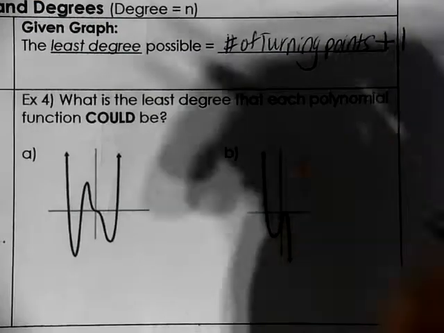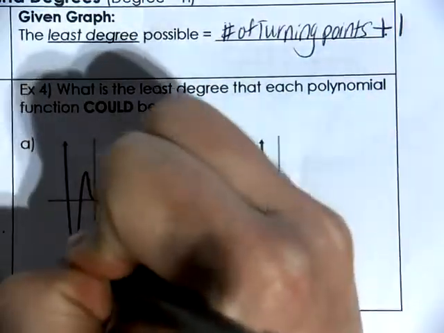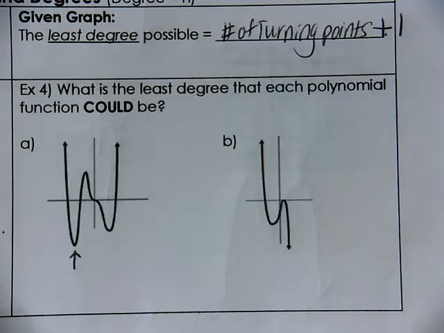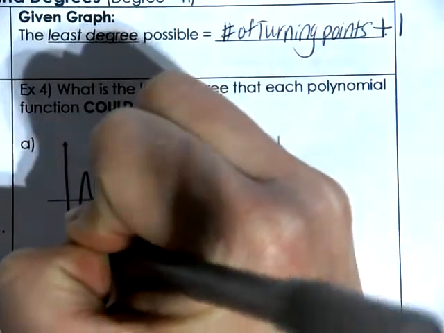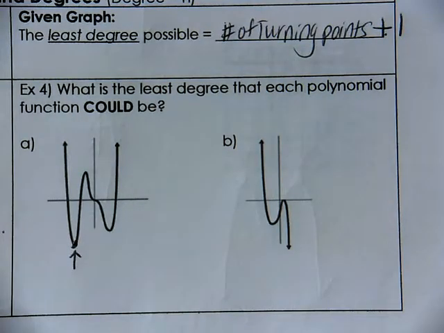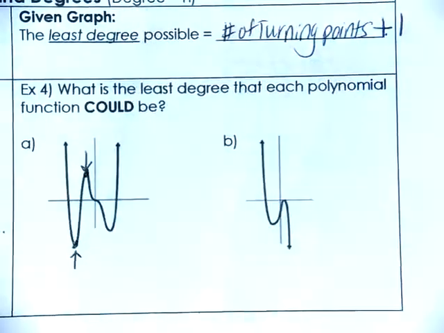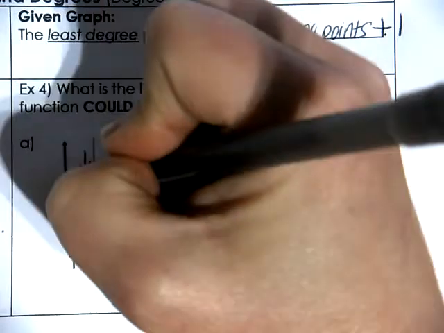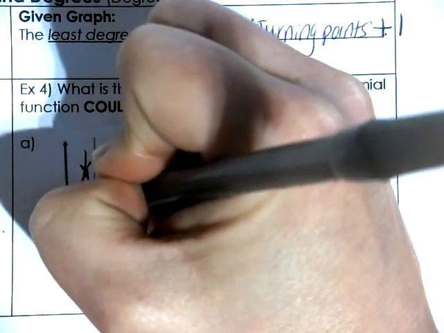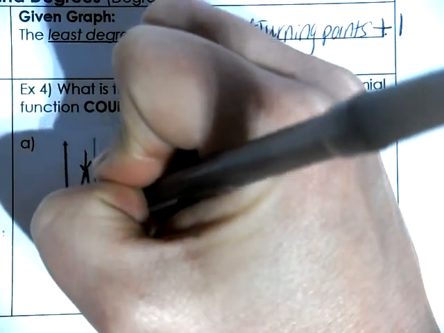So if we look at letter A, we have 1 turning point right here where it completely changes direction. And then we have a turning point up here, so that's 2. This one right here is like a point of inflection. The graph is still decreasing. It doesn't automatically go back up.